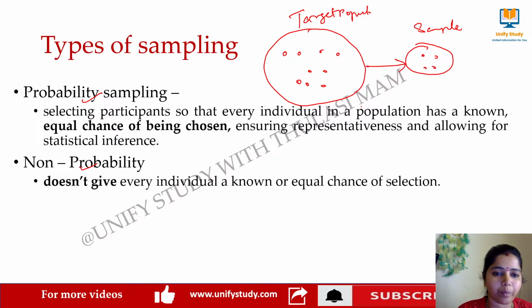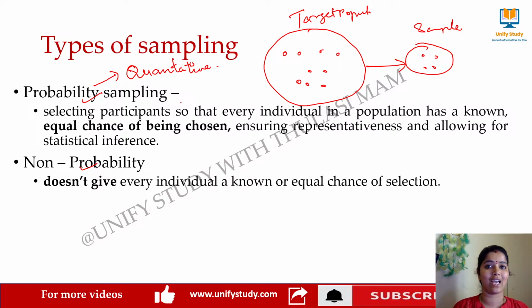We can't say who will come, but everyone will be given an equal opportunity, and this we call probability sampling. One more point: probability sampling is used in the quantitative methods of research we discussed yesterday. Whenever we use a quantitative method of research, we use probability sampling methods to collect the data. Note it down in your notebook. Clear?